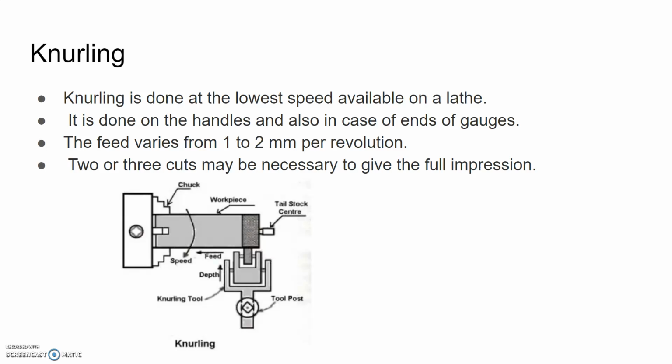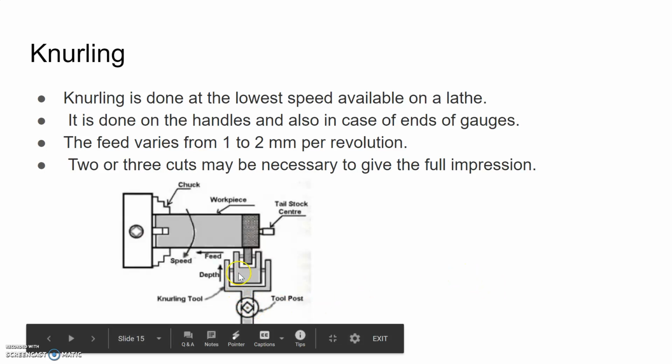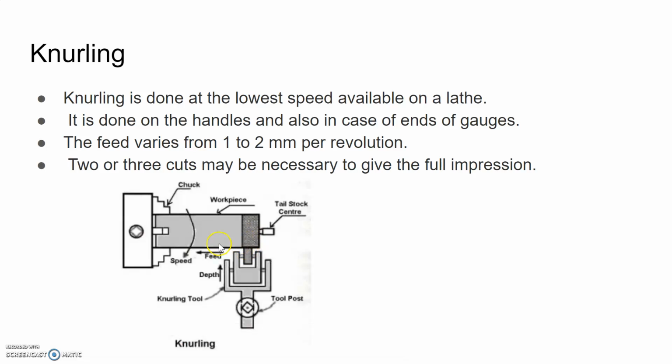You'll see here that we have a tailstock introduced into this, basically because there's a whole lot of force going on in the X direction, because you really have to press with a fair amount of force with this knurling tool and then feed it. Two or three cuts will give you your full impression. It's done at a very low speed. We'll get more into this as we get back into the shop, but just so you know that this is another type of lathe operation.